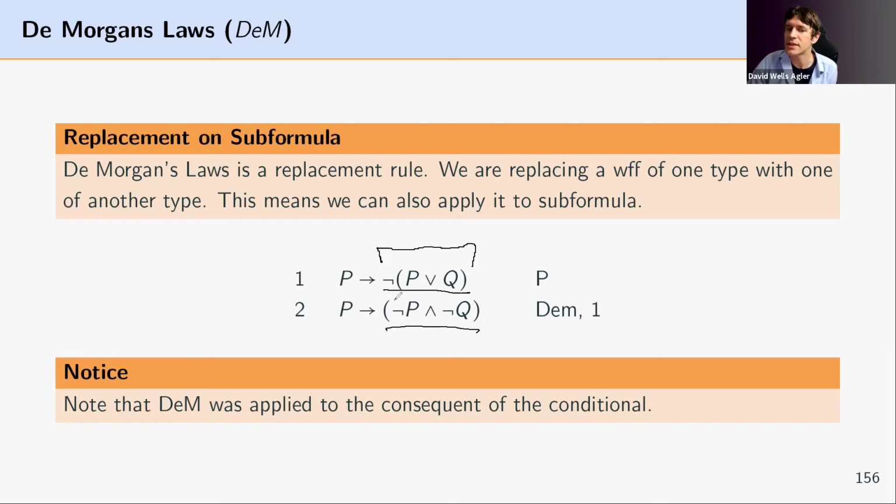So we can replace this negated disjunction with a conjunction where each of the parts is negated. This is not a regular occurrence, but it's similar to, let's say, if you had a conjunction and one of the parts was doubly negated, you could apply double negation to remove the two negations. And so you're applying it not to the entire formula, but to part of the formula.